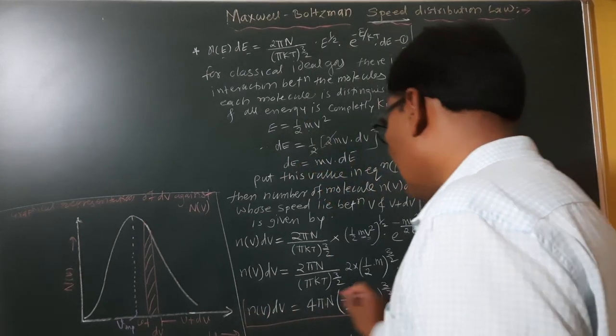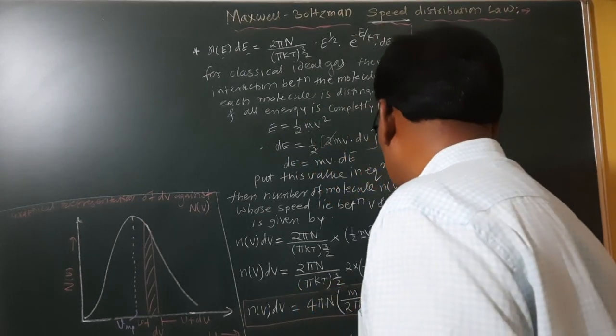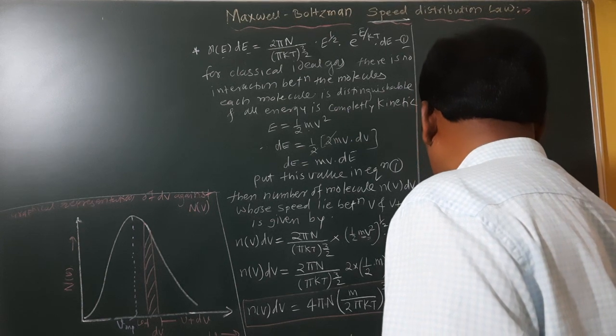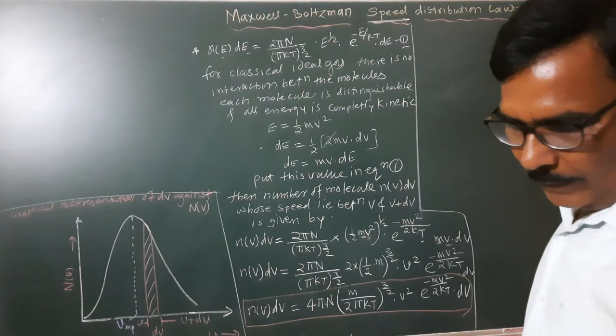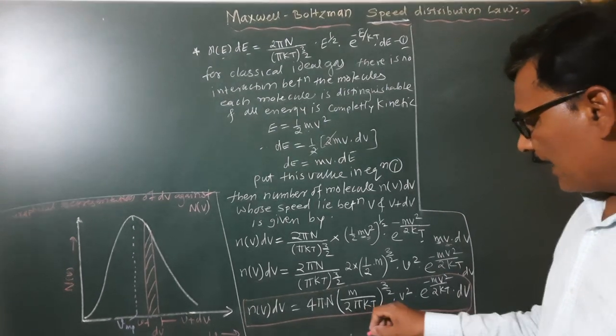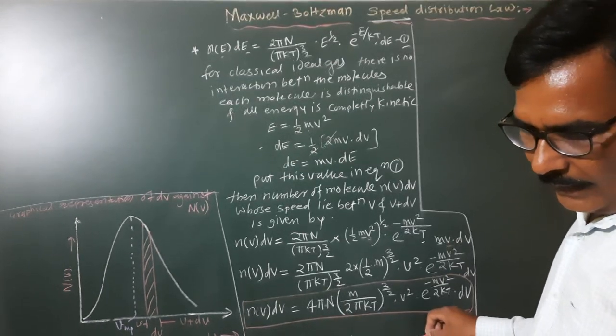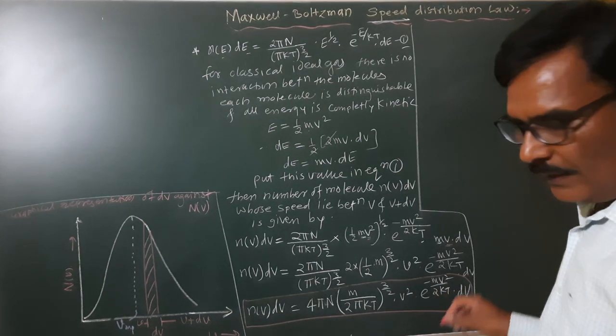This is called the Maxwell-Boltzmann speed distribution law: 4 pi n into the bracket m upon 2 pi k t raised to 3 by 2, v square, e raised to minus m v square upon 2 k t into dV.